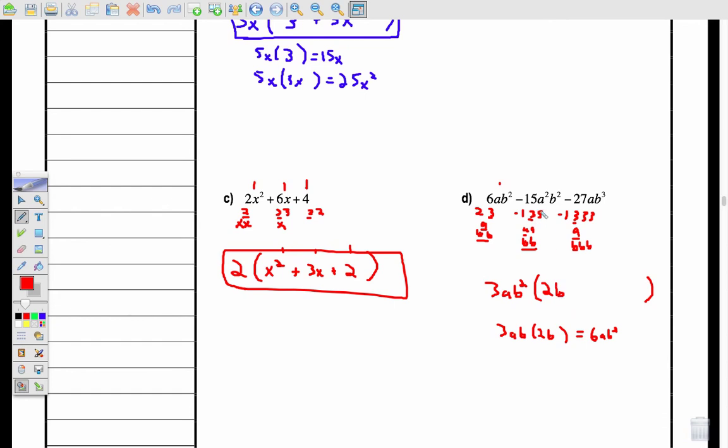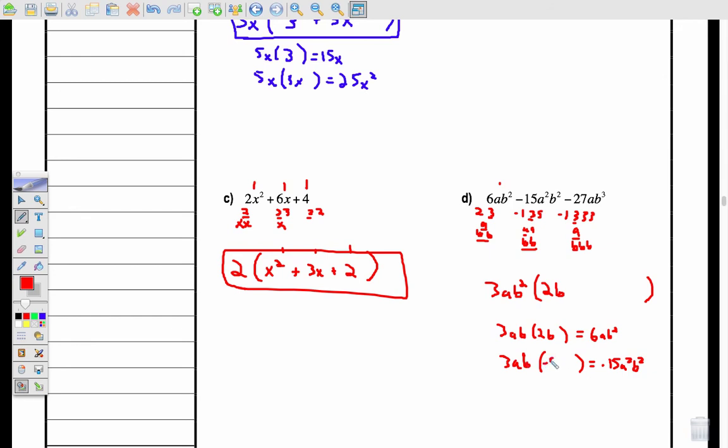So the first term is going to be 2B. All right. Same steps. 3AB times something is going to equal negative 15A squared B squared.